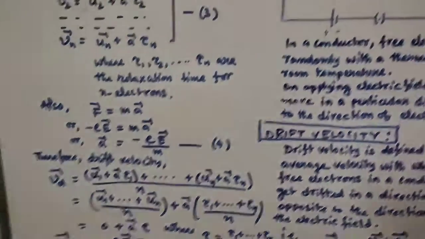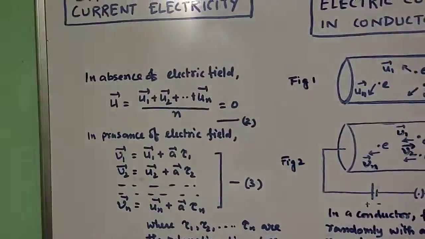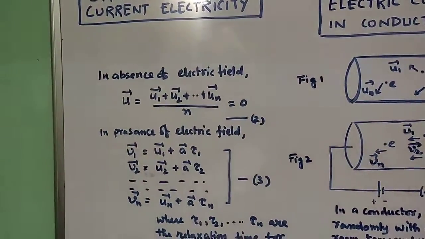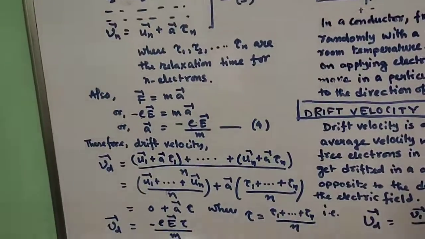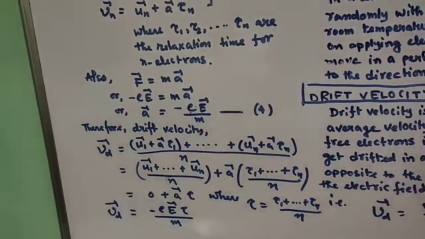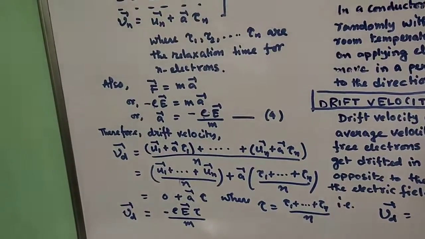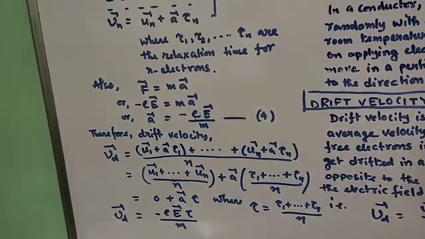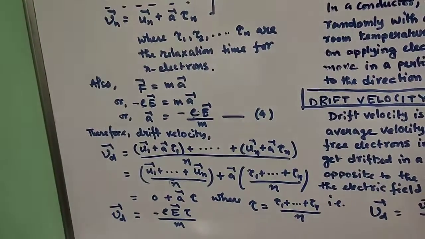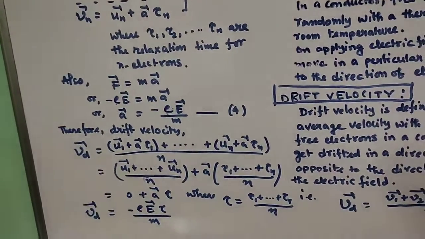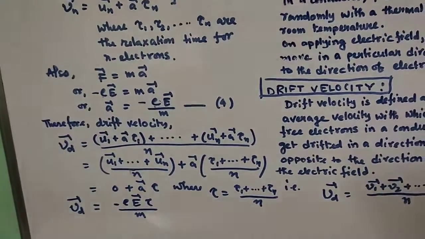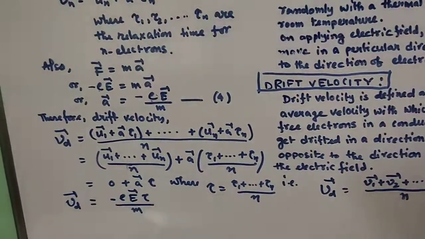The first term goes to 0 due to equation 2, the absence of electric field. Ultimately you get a vector tau. Substituting a vector from equation 4, it comes out as minus e E vector tau by m, where tau is the average relaxation time for the electrons. This expression is very important.